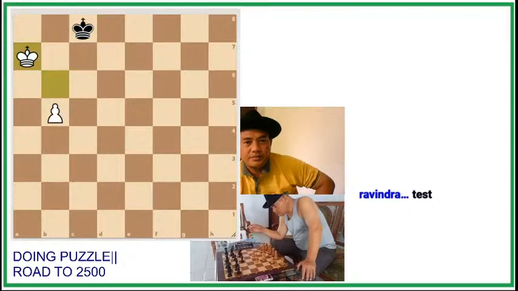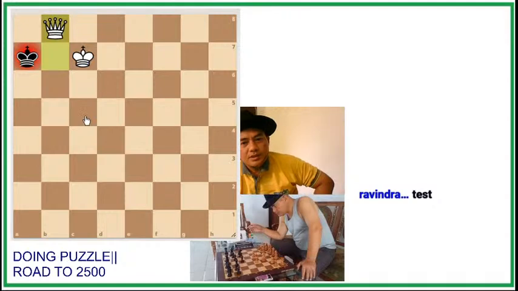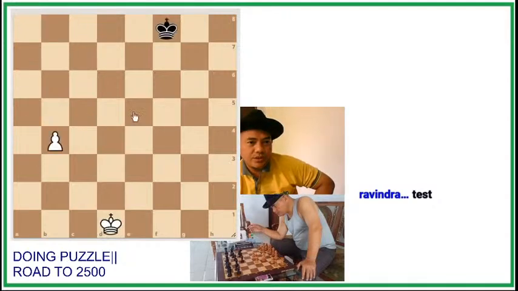And if black goes here, then white can outflank the black king, and then it's also winning for white. So let's try to go to the next example.